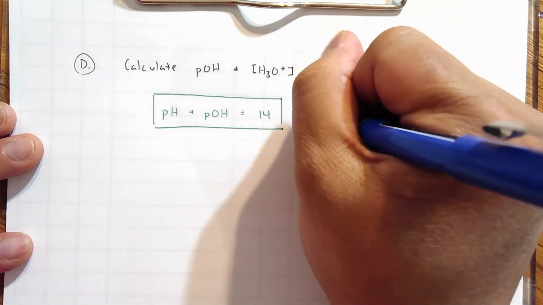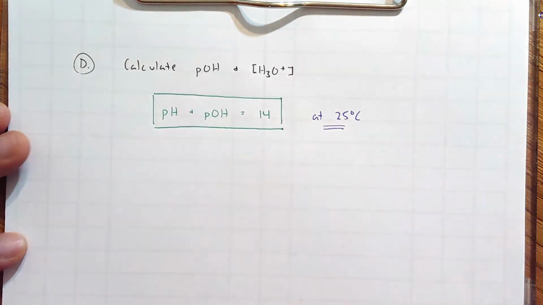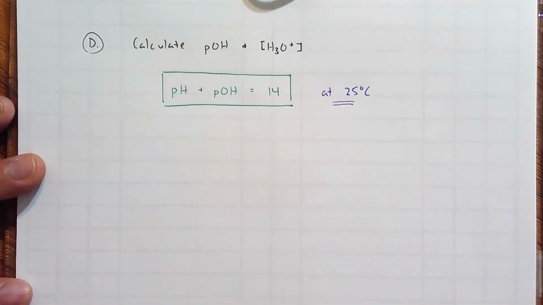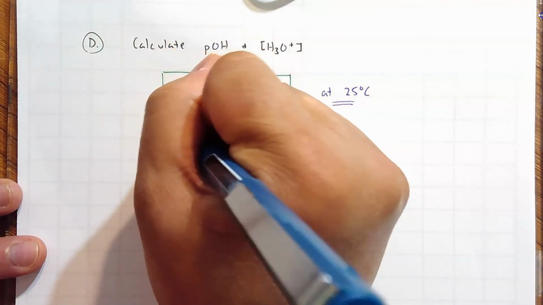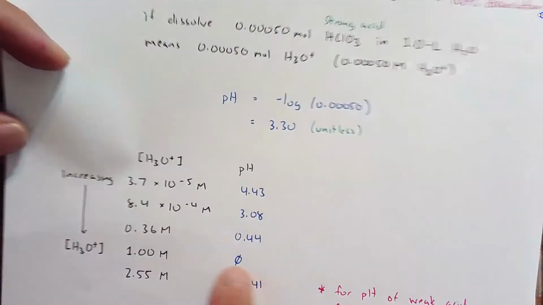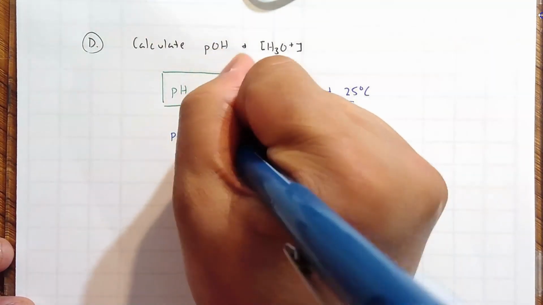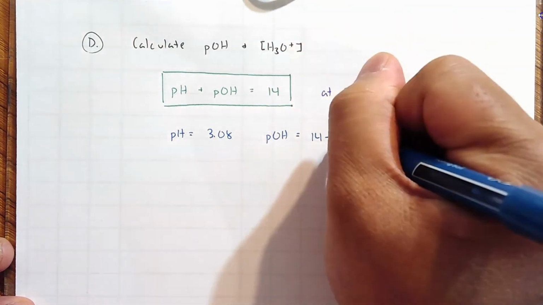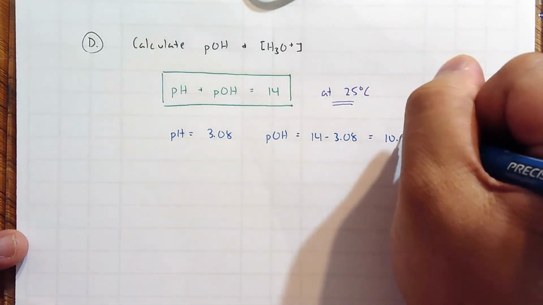It has to be at 25 degrees C. Just like the neutral pH of 7 is only true at 25 degrees C, this is only true at 25 degrees C. So therefore, we had a pH equal to, what was it? 3.30. Oh no, let's use this one. 3.08. Therefore, the pOH equals 14 minus 3.08, and that equals 10.92.